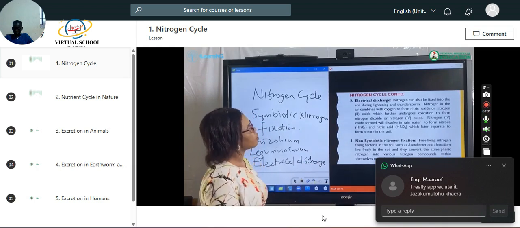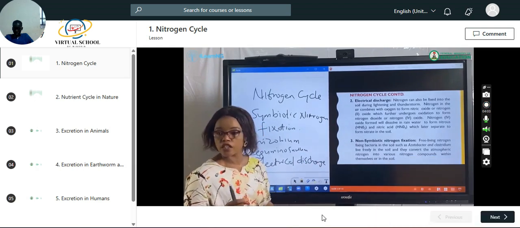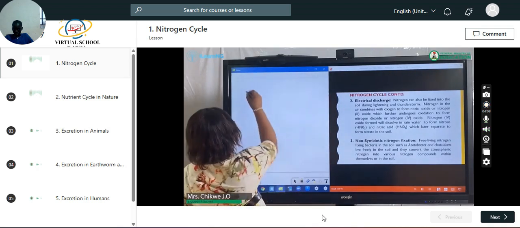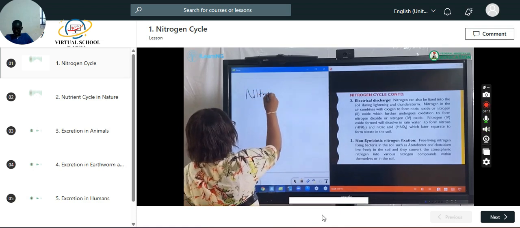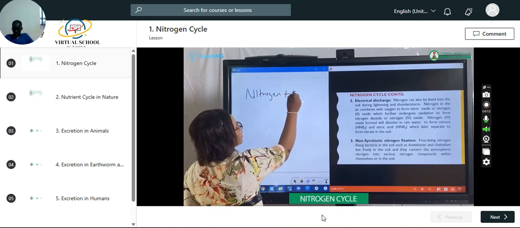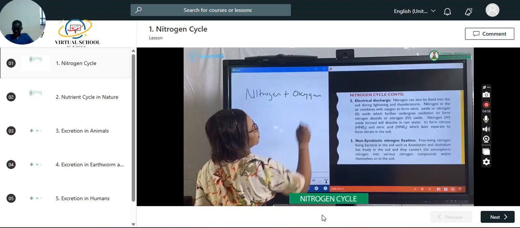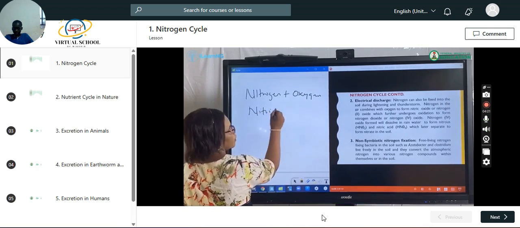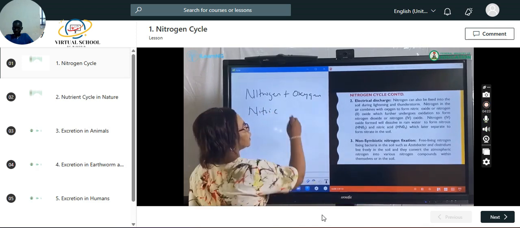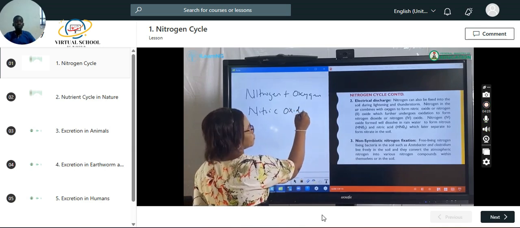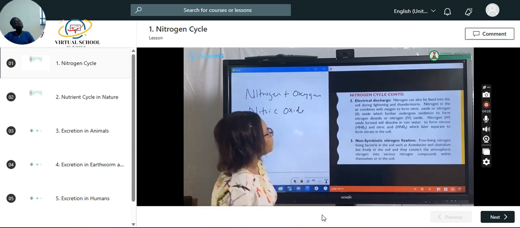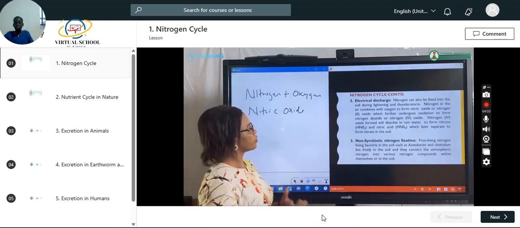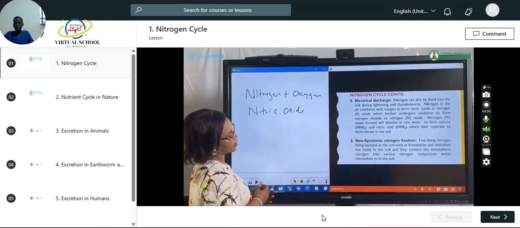During lightning and thunderstorm, nitrogen in the air combines with oxygen to form what is called nitric oxide, or nitrogen II oxide, which further undergoes oxidation to form nitrogen dioxide.